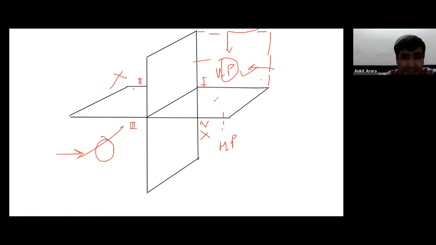These planes are usually taken as imaginary planes. The direction is also very important, in what direction you are visualizing it. If you have to see the front view, you have to align yourself properly. I'm sure you have seen this kind of image earlier also, since you have told me that you have gone through all this, haven't you? B3, B7 and Ritu, you have gone through all this, right?